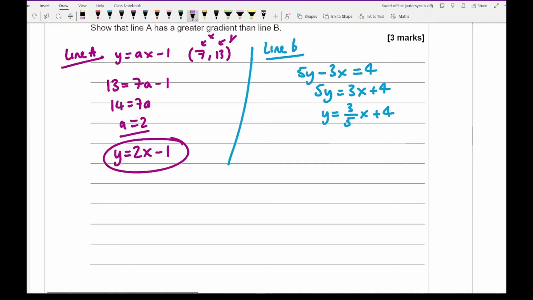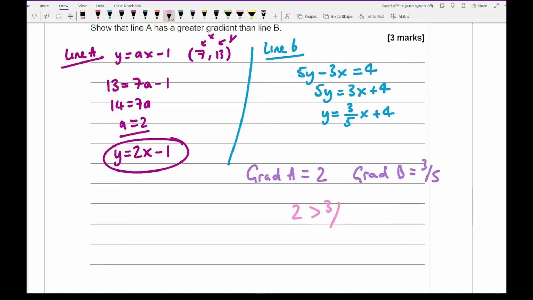So here you can see that the gradient of A is 2, the gradient of B is 3/5. So the answer then is line A, well, it's actually proving it. So there we just need to say that 2 is greater than 3 over 5.